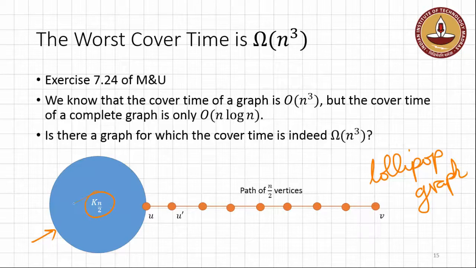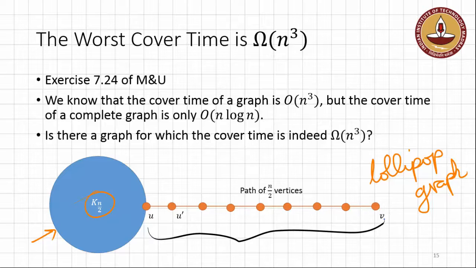And then we have the handle of the lollipop, which is another n by 2 vertices, but now connected linearly. Now, let's try to think about why this is in fact the case.